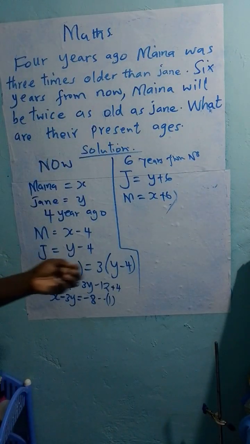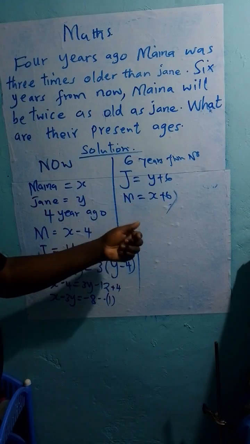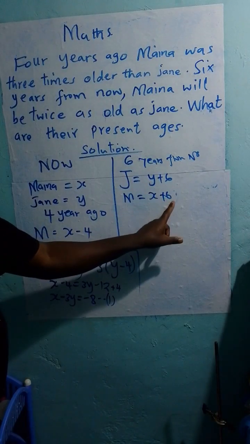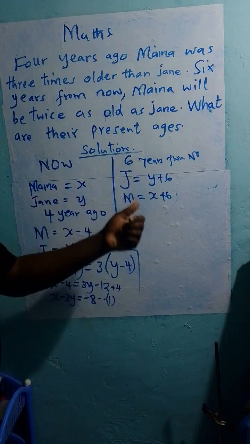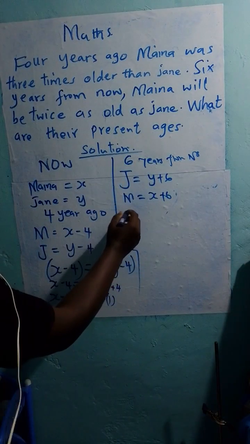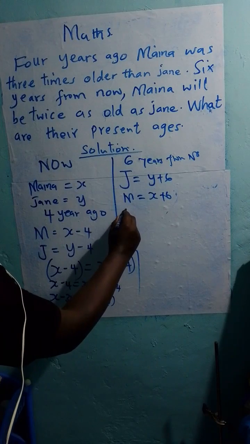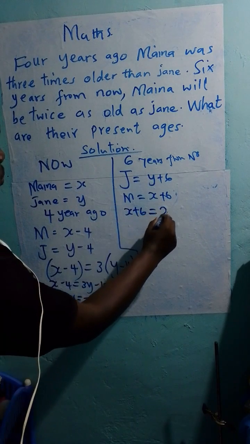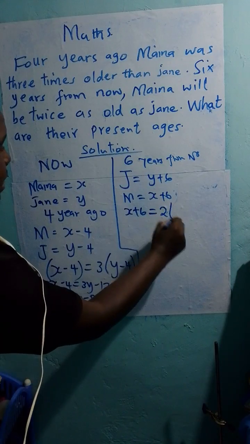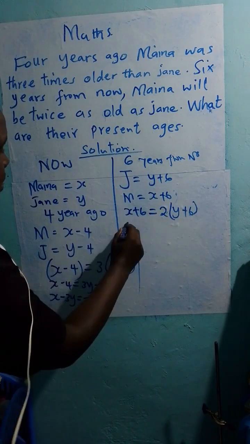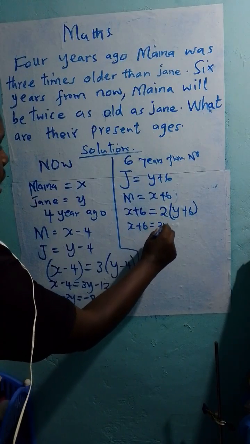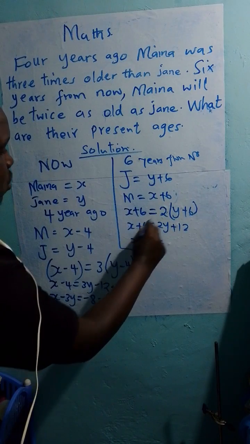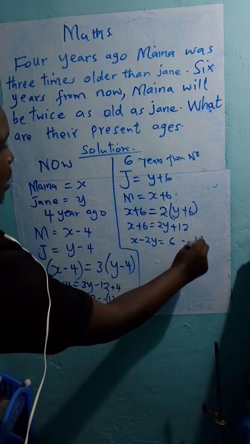So to make the number of years of Jane the same as that of Mina, we multiply the number of years of Jane times 2, because Mina is twice as old as Jane. So x plus 6, Mina's years, will be equal to twice that of Jane. x plus 6 equal to 2y plus 12. x minus 2y equal to 6. This is our equation 2.